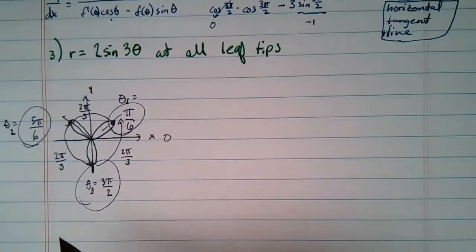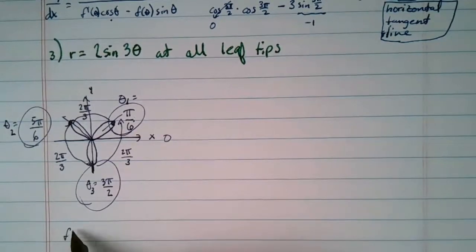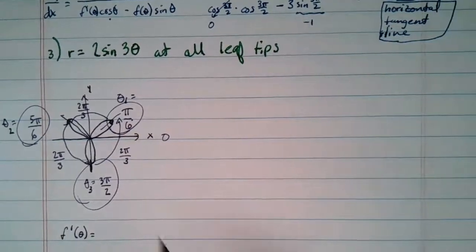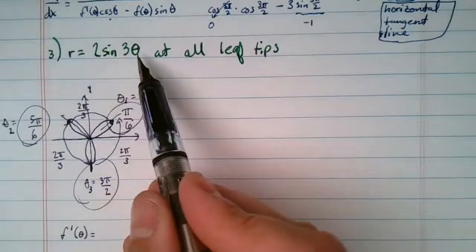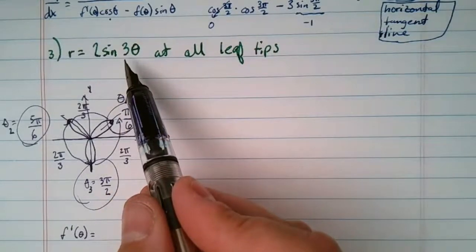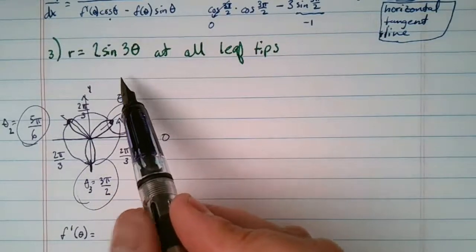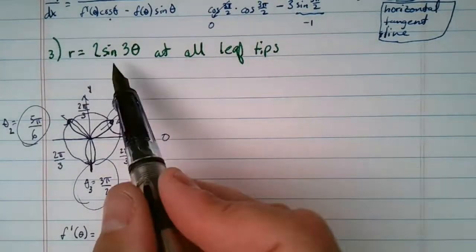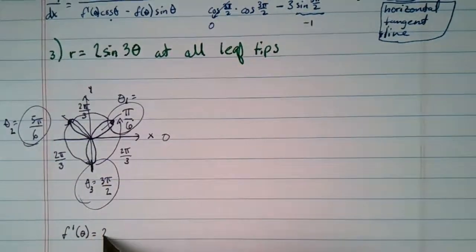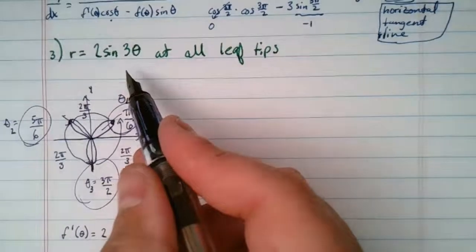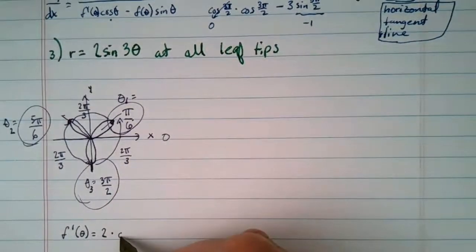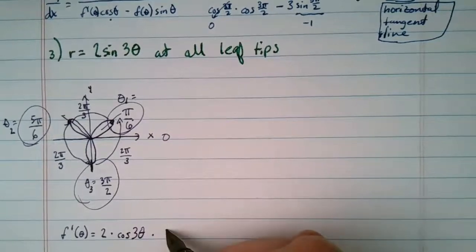Now, the other thing I need to do is I need to find f prime of theta. I'm going to go ahead and write that on my paper as well. So if r is 2 sine 3 theta, we've got to find f prime of theta. F prime of theta is going to be using the chain rule. So it's going to be 2 times the derivative of sine 3 theta, which is going to be cosine 3 theta times 3, right?